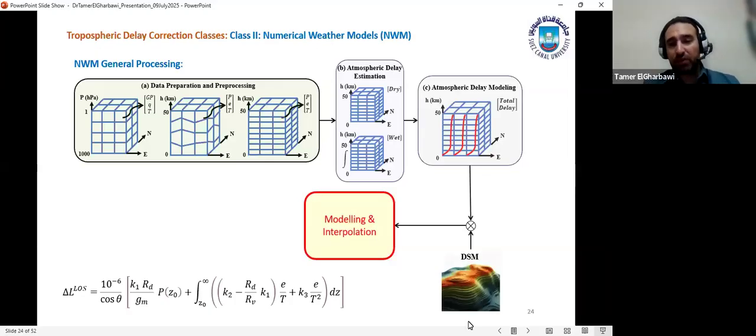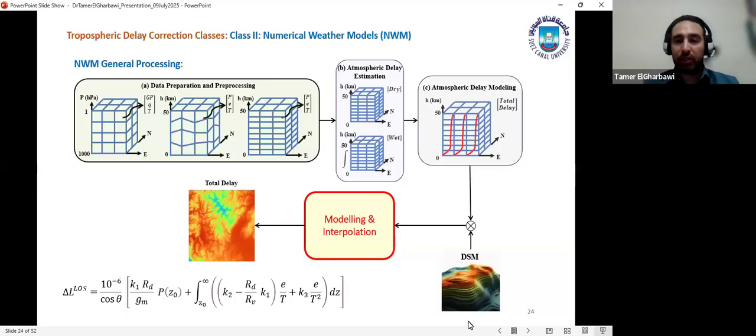So the thing is, most of the research now is working on this modeling and interpretation. There are different schemes and different models that use the same input data from the numerical weather model and just suggest new modeling techniques, like linear regression or power regression, or recently inverse distance weight interpolation and other kinds of interpolation, in order to reduce the pixel size from 31 kilometers to the interferogram pixel size.